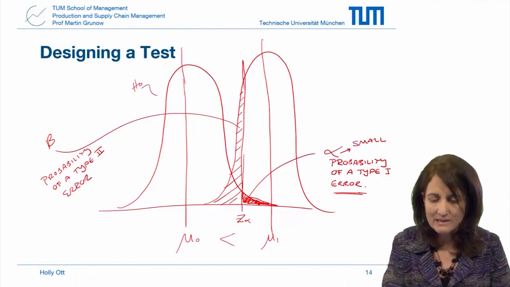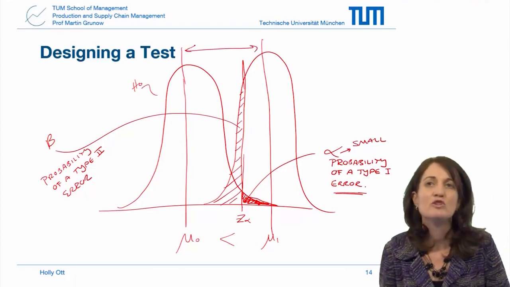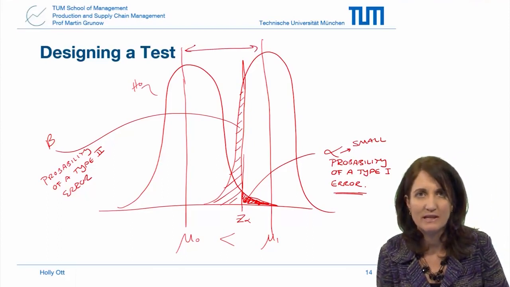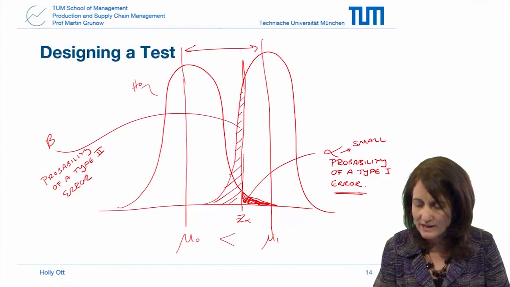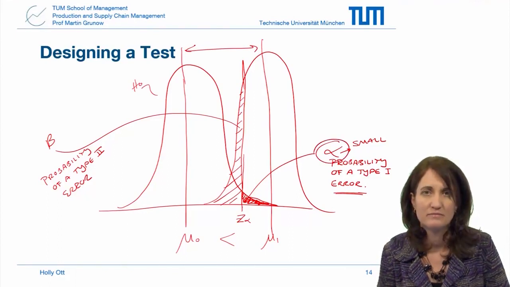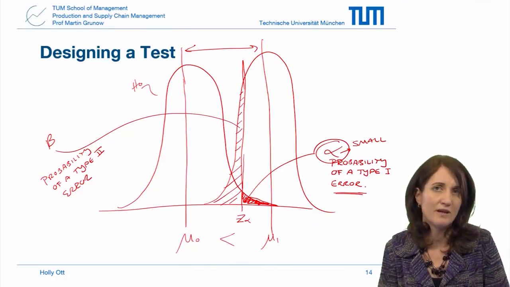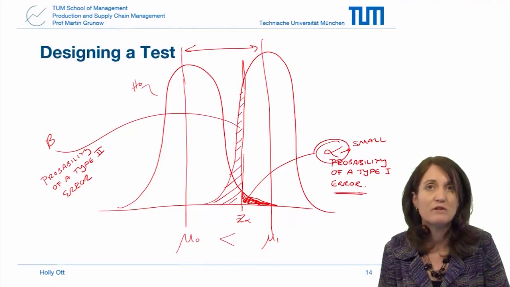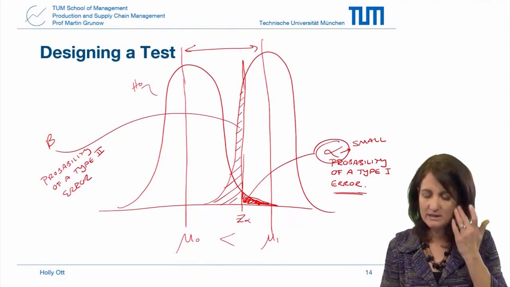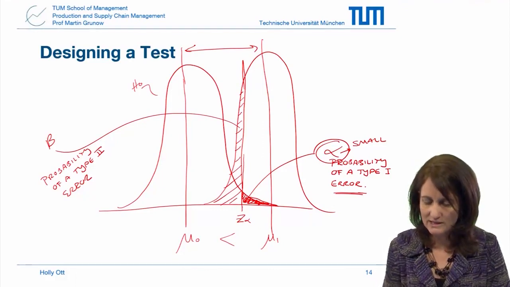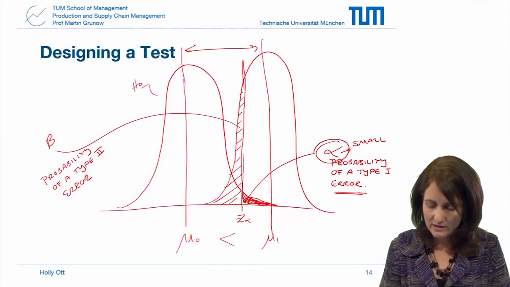It depends on where the new distribution is located with respect to H0. We fix alpha. And beta, of course, then is the probability of rejecting the alternative hypothesis, the H1, even though it's valid.